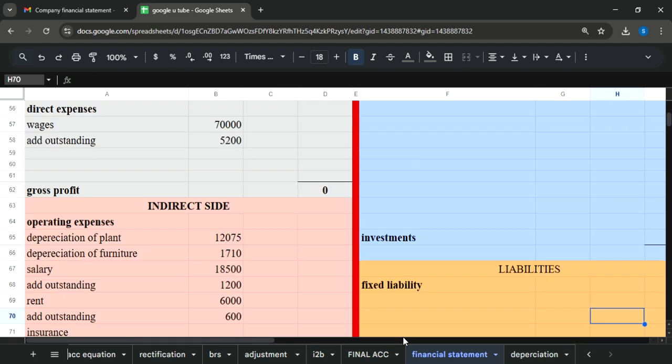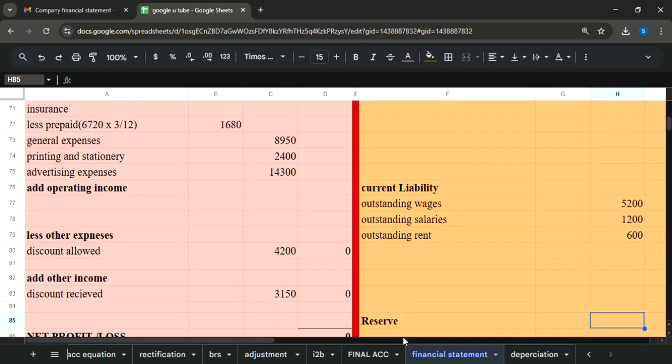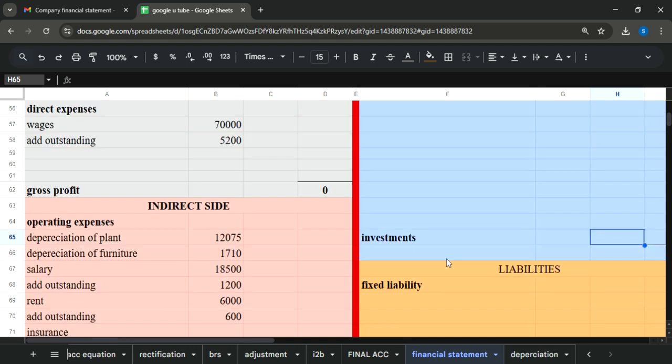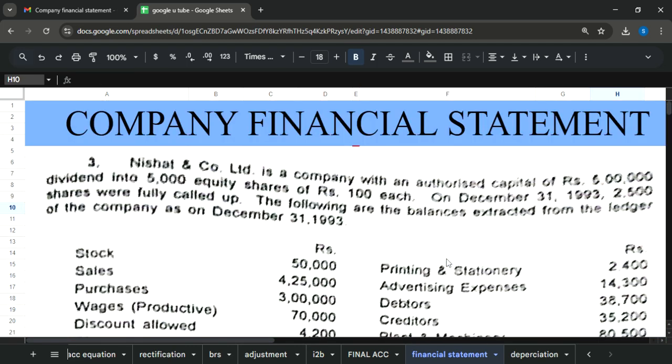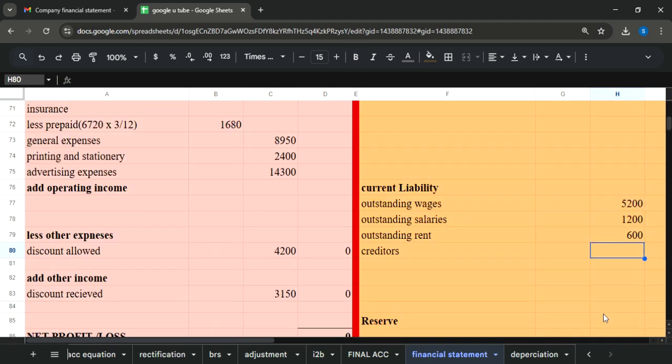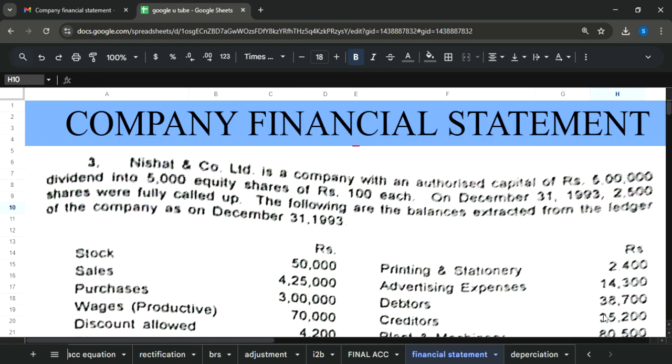This is part of current liability. Here you will write creditors, amount of creditors 35200. We have mentioned it in front of creditors in current liabilities.